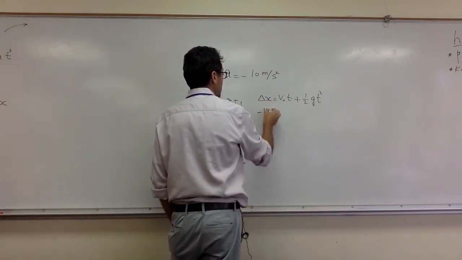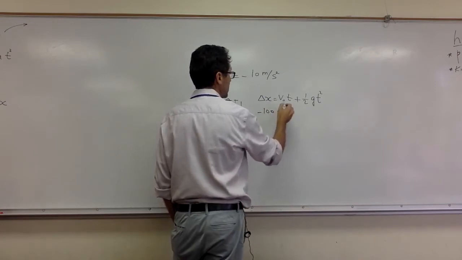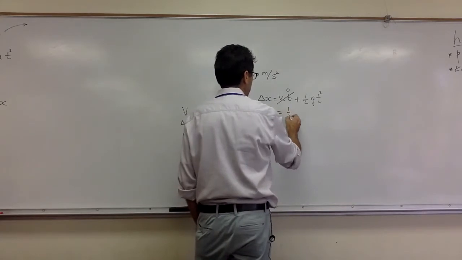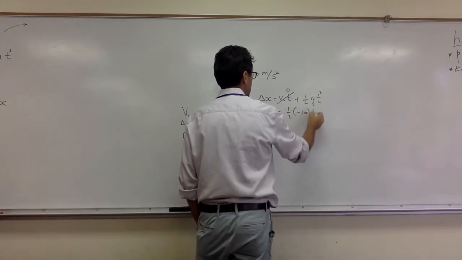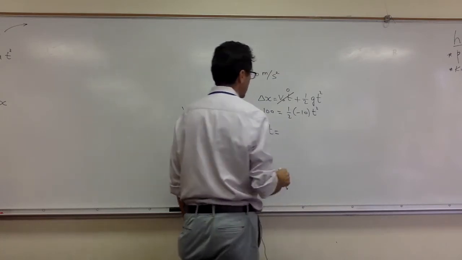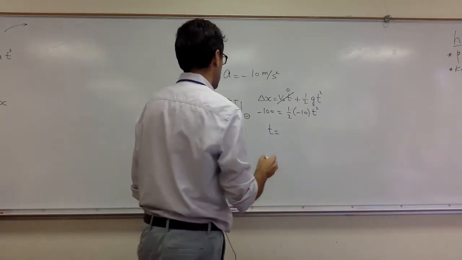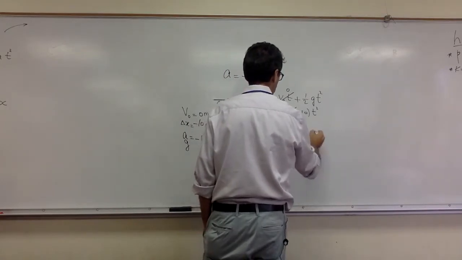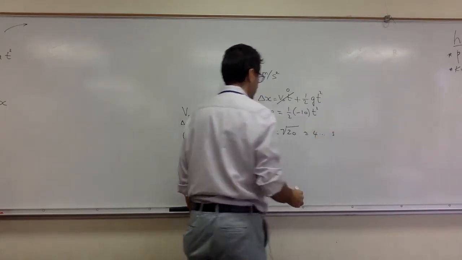So this is negative 100 equals, this is 0 because I'm dropping it from rest, 1/2 times negative 10 times t squared. So t would be equal to radical 20, which is about 4 and change in seconds.